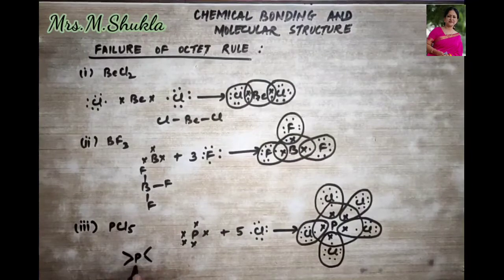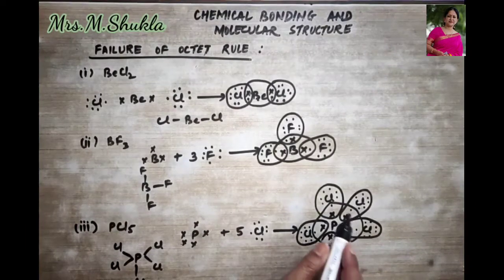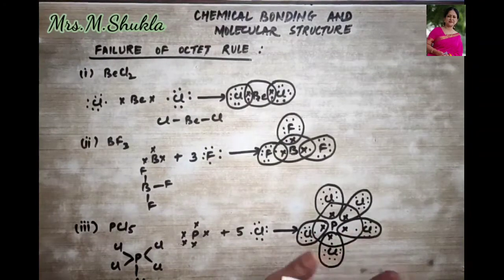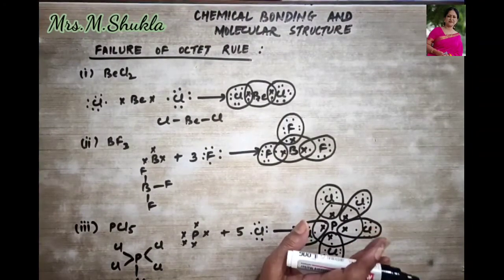Phosphorus forms 5 single covalent bonds with 5 chlorine atoms. And how many electrons does it attain in its outermost shell? 10 electrons, but still it is a stable compound.